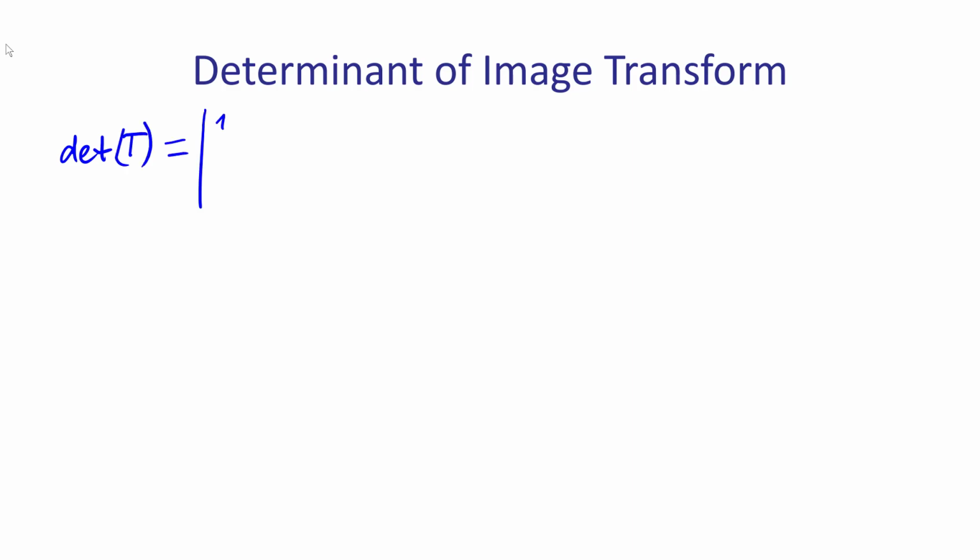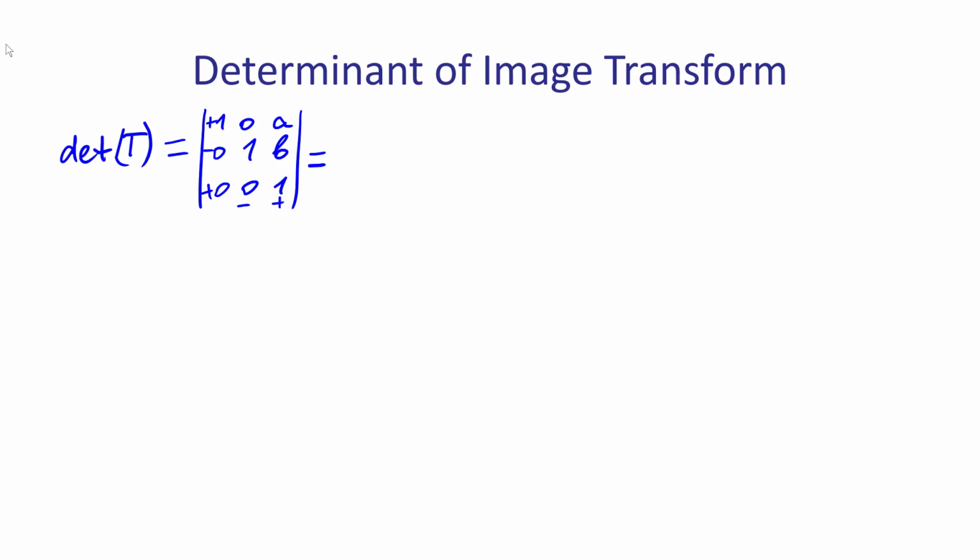It's the determinant of 1, 0, a, 0, 1, b, where a, b is the translation vector, and 0, 0, 1. Let's develop by the last row. This is the easiest one. So it's plus, minus, plus, minus, plus.